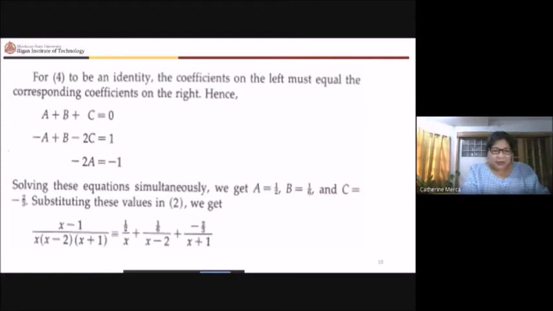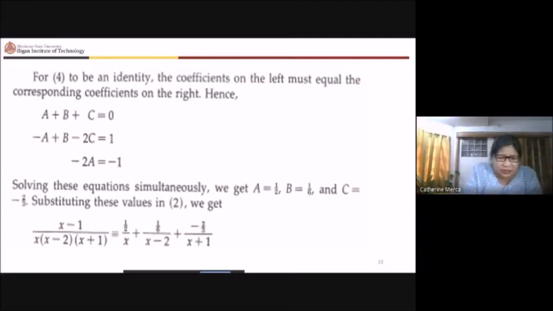Then, minus A plus minus 2C equals 1, negative 2A equals negative 1. Then, what you're going to do is to make use of your algebra, that is your 3 unknowns man yan. So, you can make use of elimination and substitution to solve for the value of A, B, and C. So, mas madali yung kanina ginawa natin solution. But you can do that.